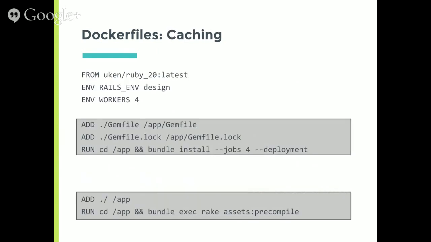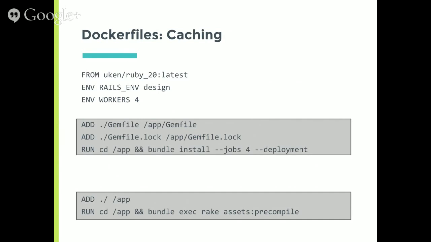And also know how Dockerfiles handle caching. This is fairly important in our case because we build a bunch of Rails applications. Every time you have an ADD command, Docker will do MD5 matching or some sort of hashing on the files that you're copying into the container. If those are different, then you're busting the cache from that point on.